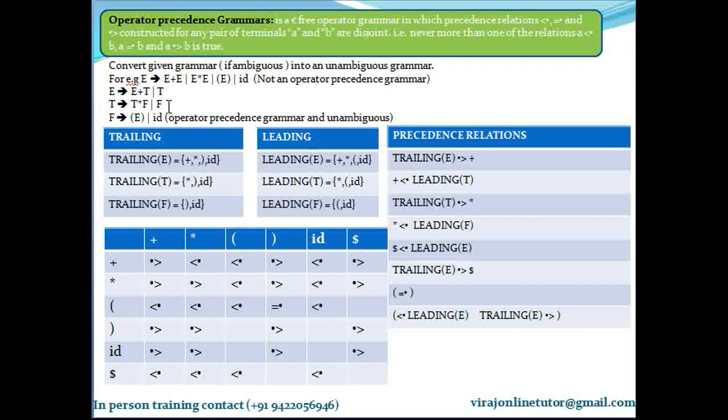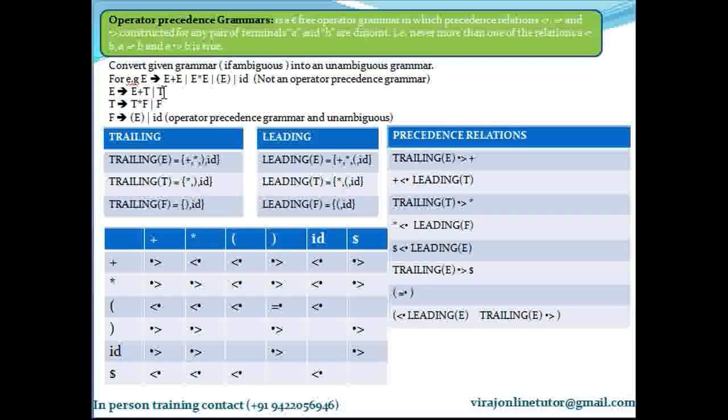This production is starting with a non-terminal, so whatever is in leading of F, you place it in leading of T. This production is also starting with a non-terminal, which says put leading of E into leading of E. But since it is one and the same thing, forget about it.